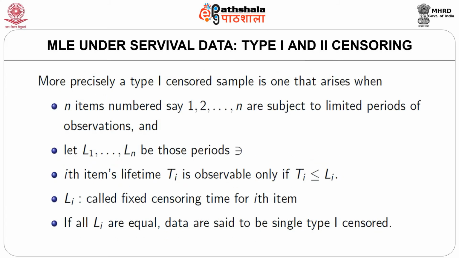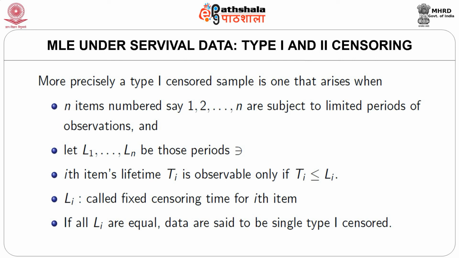More precisely, a type 1 censored sample is one that arises when n items numbered, say, 1, 2 up to n are subject to limited periods of observation, and let capital L1, capital L2, up to capital Ln be those periods such that ith item's lifetime, denoted by capital Ti, is observable only if capital Ti is less than equal to capital Li.